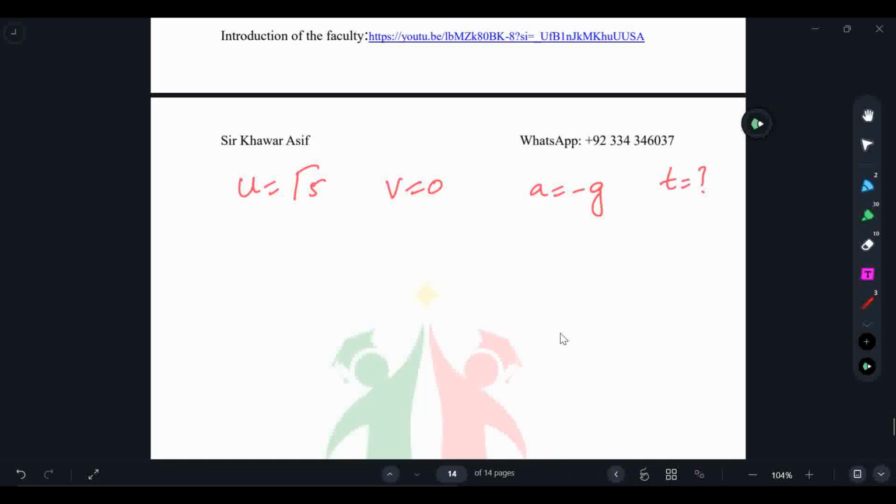Now v is equal to u plus at. So v will be 0, u will be square root of 5, and at is minus g into t, which means 10t is equal to square root of 5. So t will be equal to square root of 5 by 10.